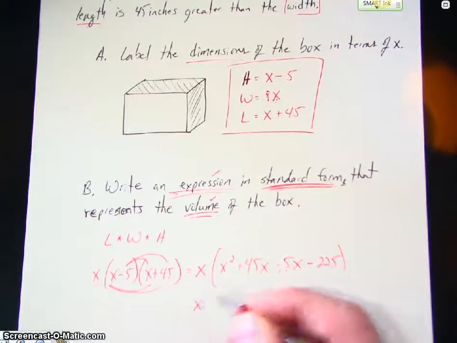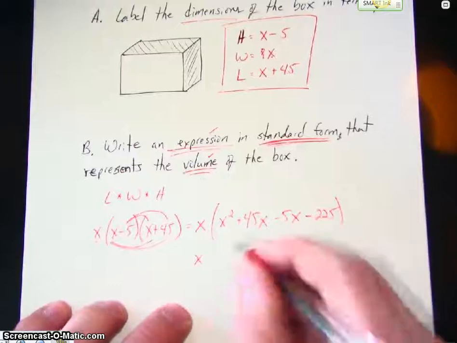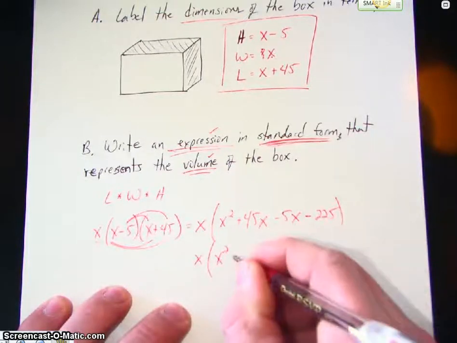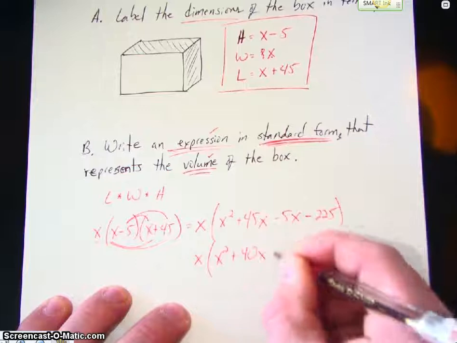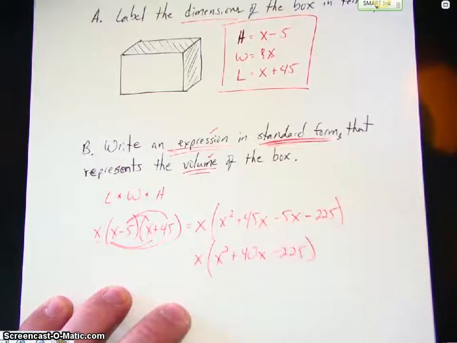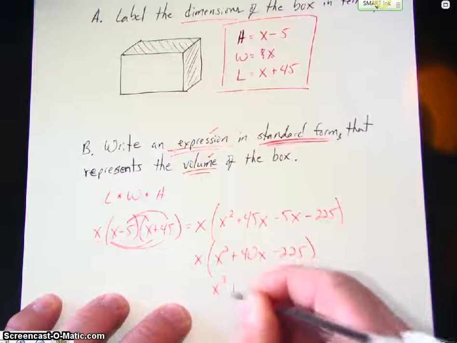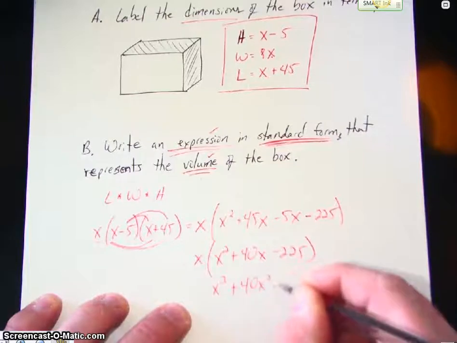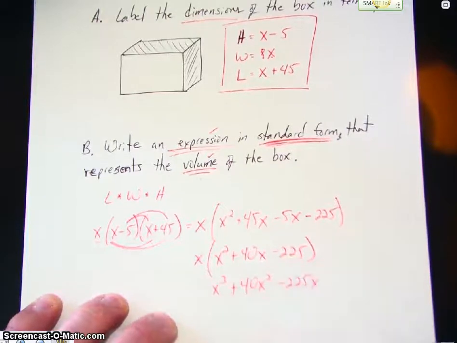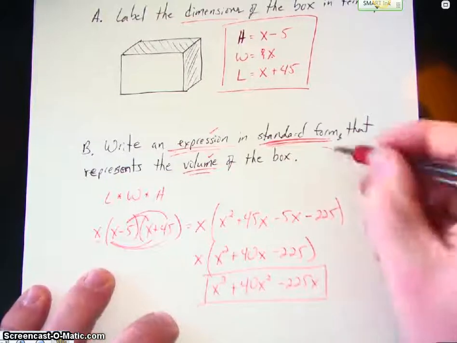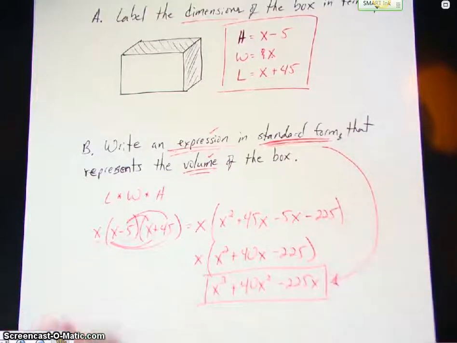All right, so then I have x squared, so that's 45 minus 5 is 40x. Okay. Now I multiply the x through, so I get x cubed plus 40x squared minus 225x. There, this is standard form. All right.